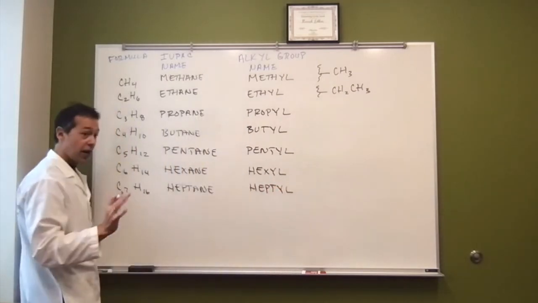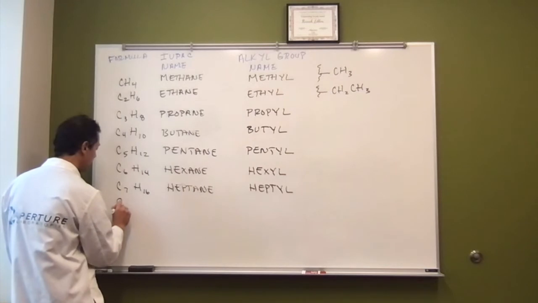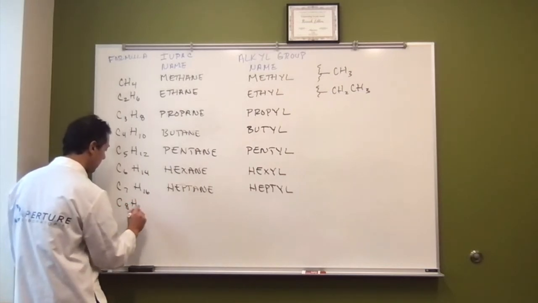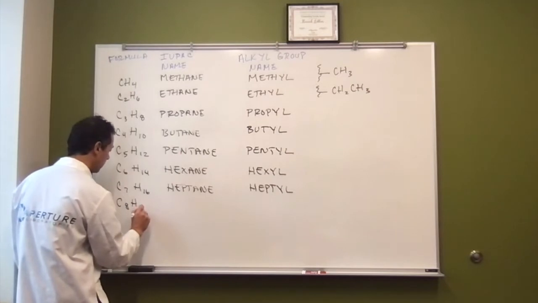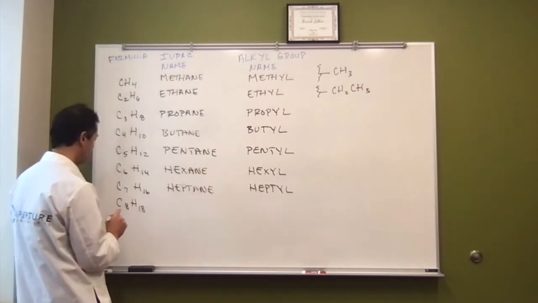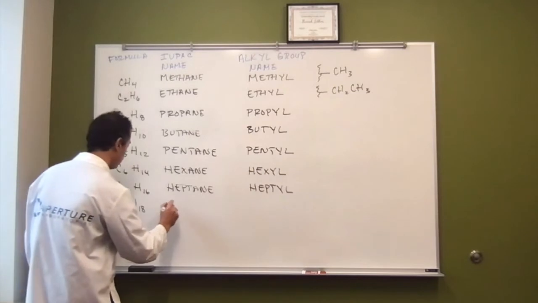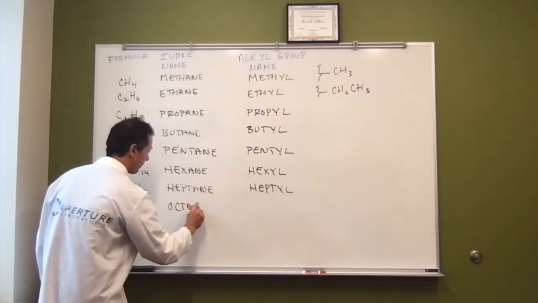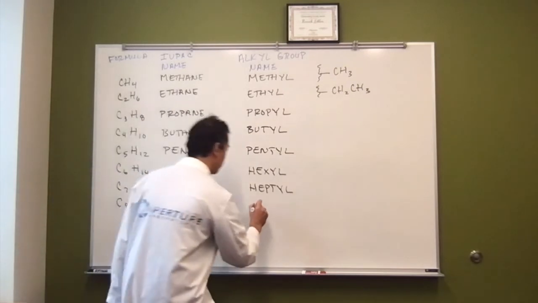And then we have octane, so C8H, let's see, 16, 18. Right, C8H18 would be octane, and then octyl.